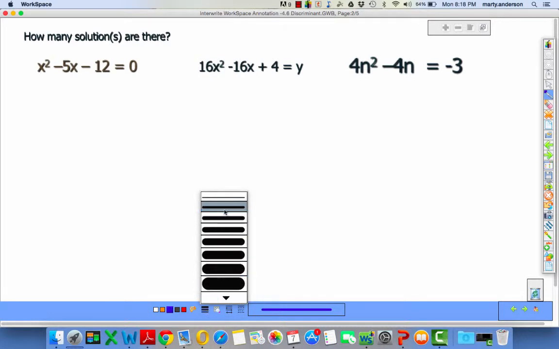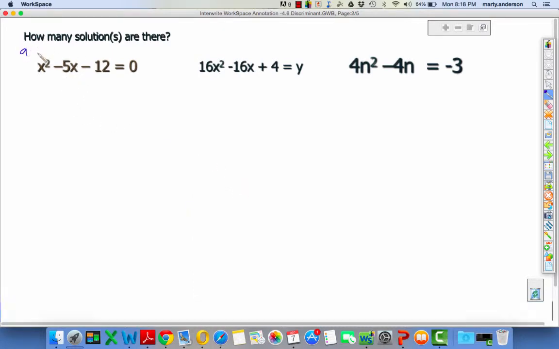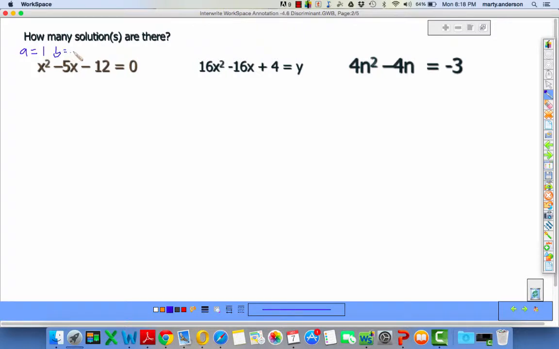So if I was going to do this first one, identify your a, b, and c, and then if they're only asking me for how many solutions are there, I'm just going to do b squared minus 4ac, and I'm going to get positive 25 plus 48, which is like 73, I believe.